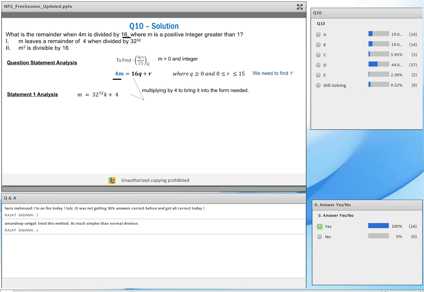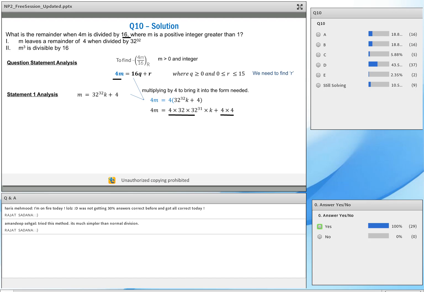All right. So you multiply both sides by 4, and then this expression leads to 4 times 32 times 32 into k plus 4. Essentially, as we simplify this, you multiply 4 with both the terms. This is your first term. This is your second term.